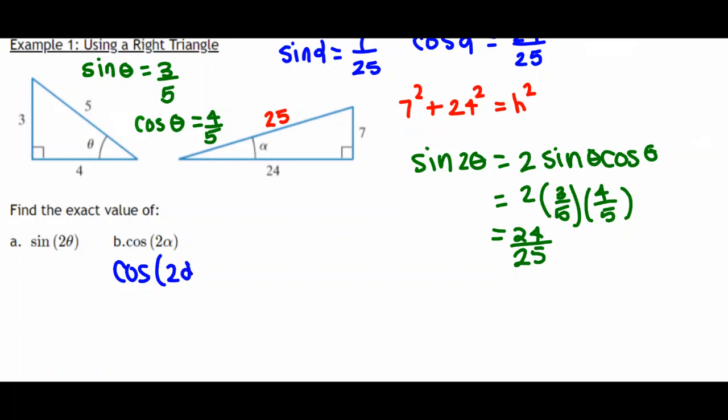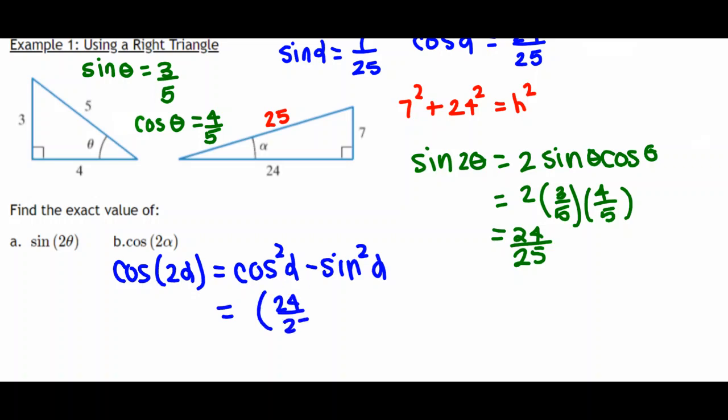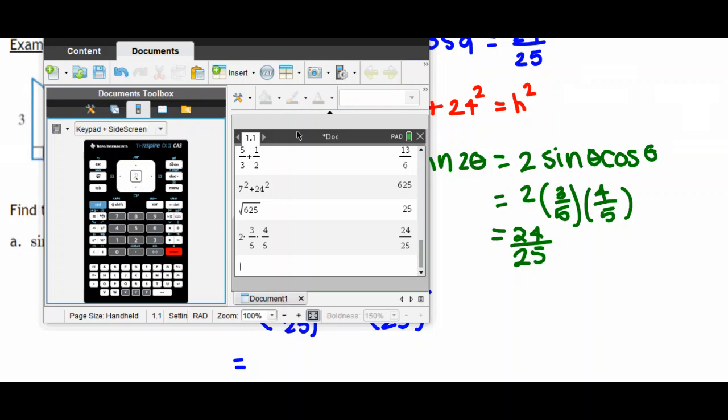Cosine 2 alpha is going to be cosine squared alpha minus sine squared alpha. Cosine is 24 25ths squared minus sine is 7 25ths squared. In our calculator, we subtract those two.